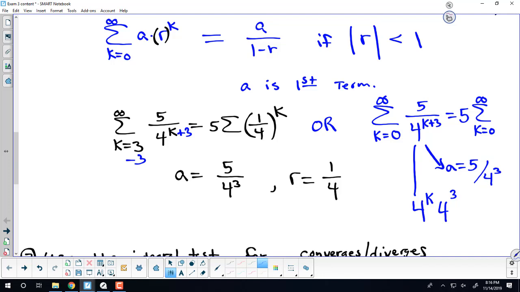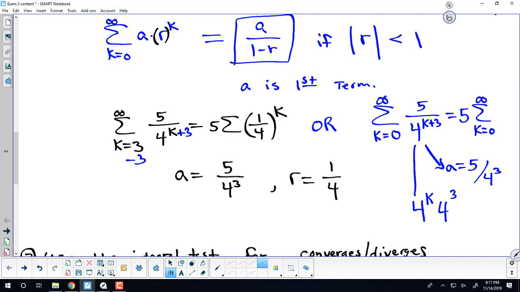Because with this geometric series, whether it's at 3 or at 0, this statement is always true. It's just when it's presented as a over 1 minus r, corresponding to k equals 0, that it's misleading if it starts at 3 to say, oh, I know what my a is and I know what my r is, because it's not the same, especially that initial term.